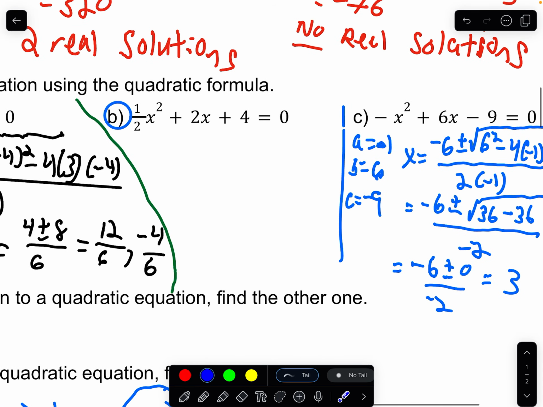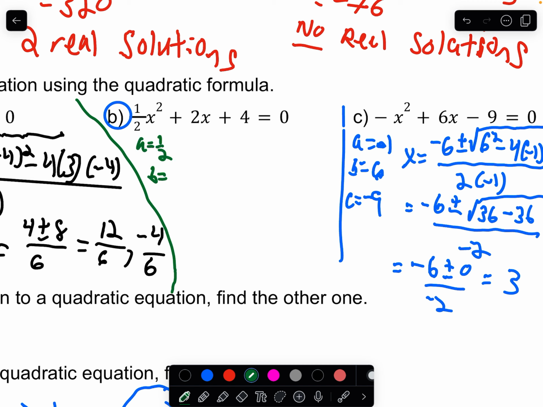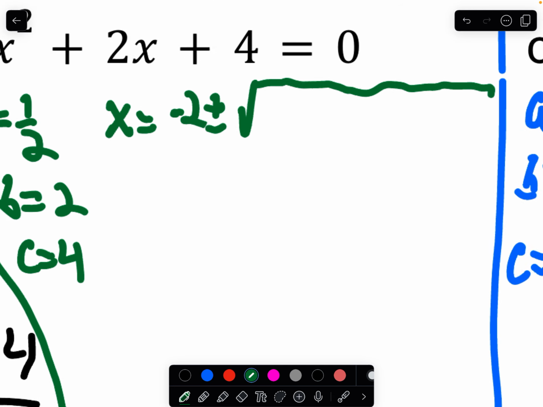Okay. For B, I forgot I erased it, so this one I do have to write. A equals a half, B equals 2, and C equals 4. So x equals the opposite of B, plus or minus the square root, and I'm just going to blow it up a little bit here.